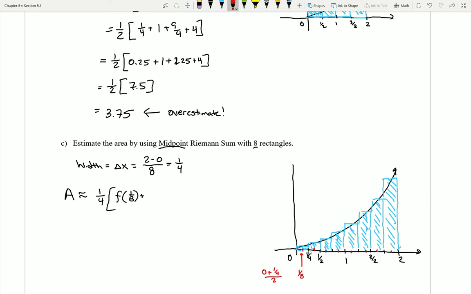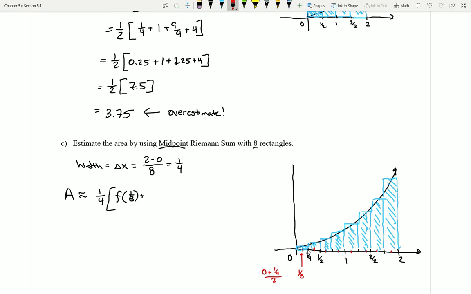First off, again, how wide was each rectangle? Well, it was 1/4 wide, right? So how wide is it from the midpoint to, say, the end of the first interval? Wouldn't that just be like half of a 1/4, or again, 1/8? So this distance right here from the midpoint to the edge is 1/8.